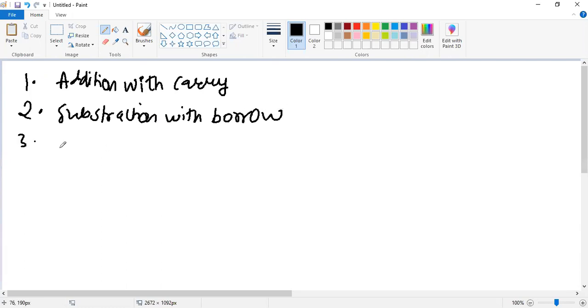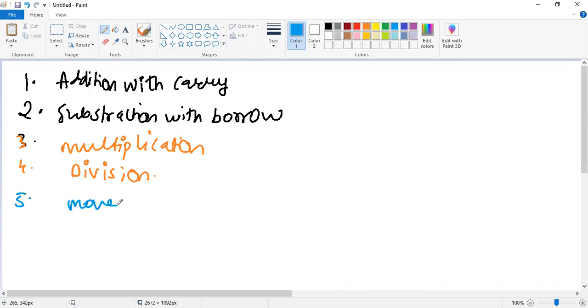Third, you might get multiplication. This is one of the important ones, which almost every exam used to have. Fourth is your division. Then there may be one question where you have to move a block of data from one memory location to another memory location.